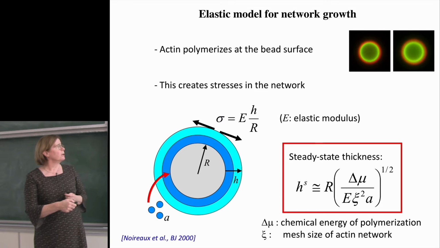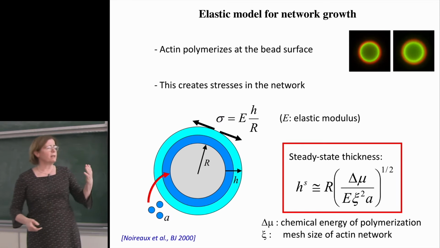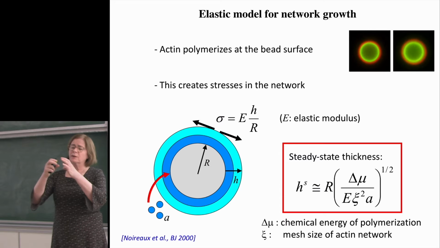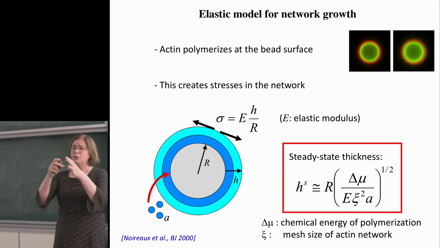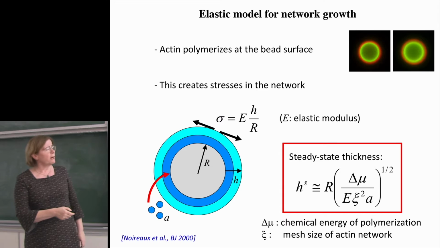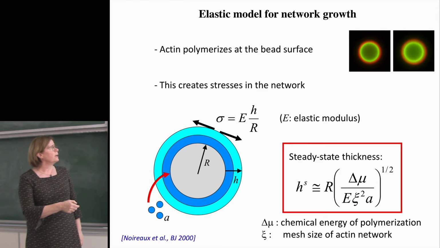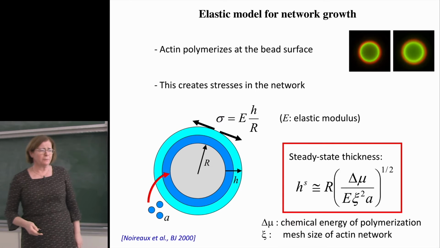That depends on the chemical energy of polymerization, the Young modulus, and the mesh size of the actin network. We can always characterize this network as having a certain mesh size, and we can vary it. I will come to that later. And A is the size of a monomer.